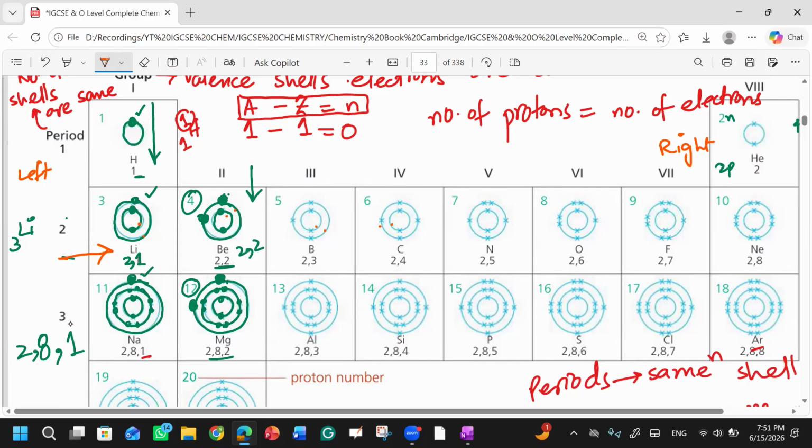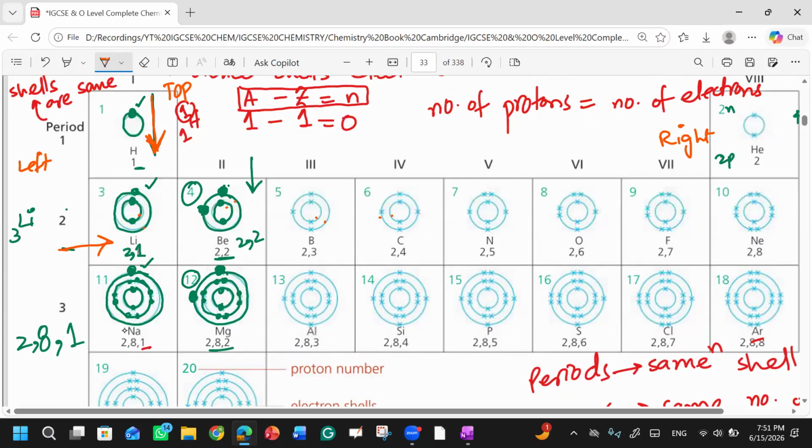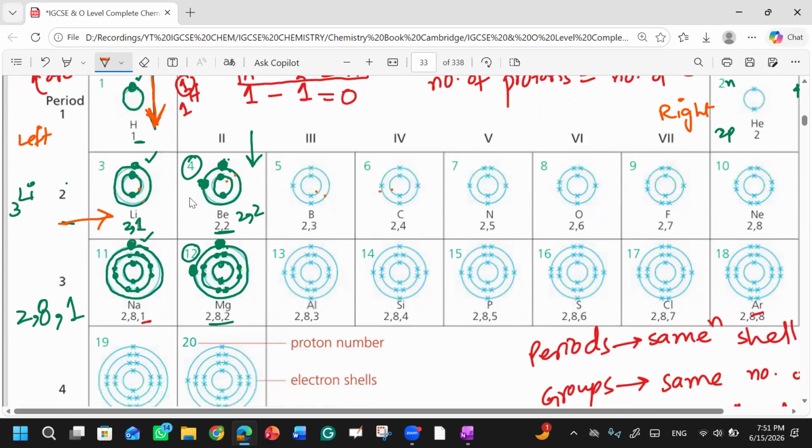And about the groups, when we talk about groups, we check groups from top to bottom. What do we check in the groups? Like if I want to check group number one, from top to bottom you will check the valence shell.